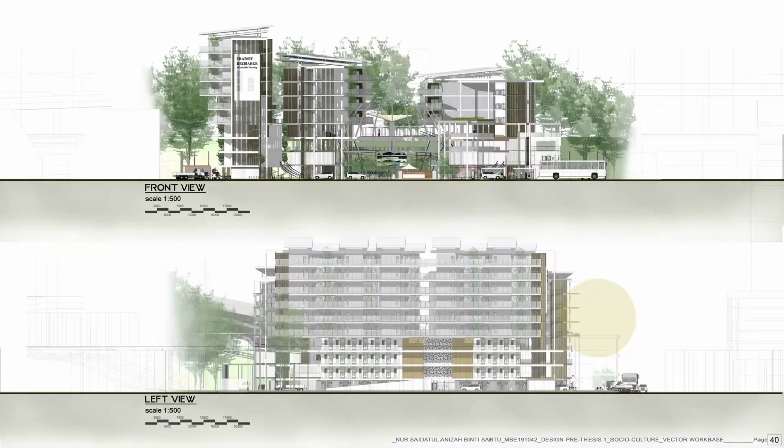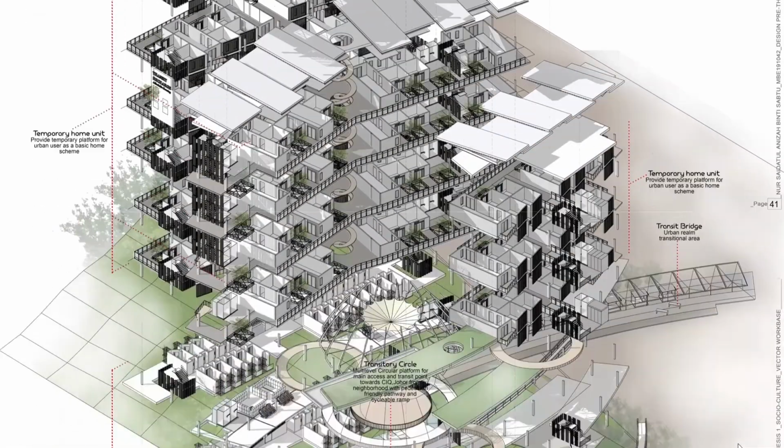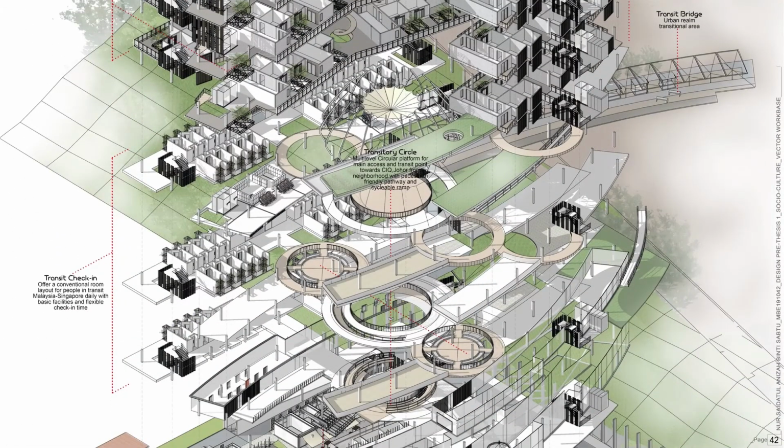The front view shows the entrance part of the commercial and housing area, and it is the view from the residential area next to the site. As for the left view, it is the view towards the entrance of home units and balcony views of the transit room units below. This is the exploded diagram of the building to show closely the activities occurring within this building typology.